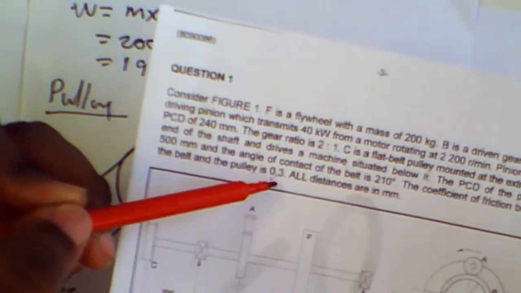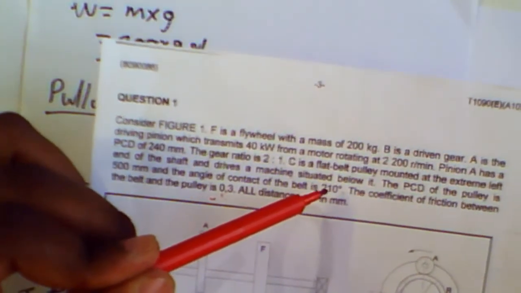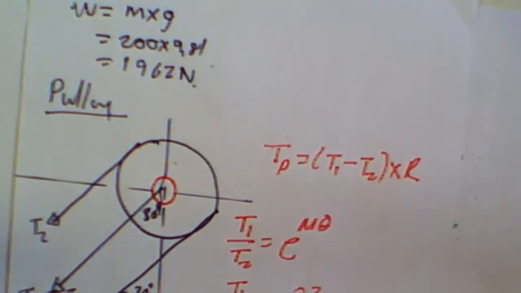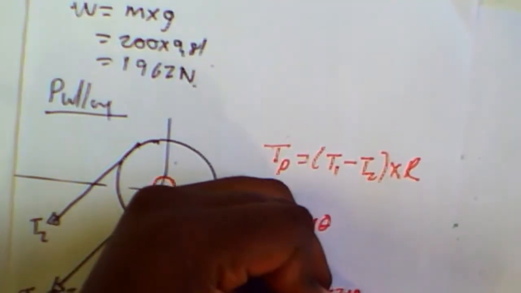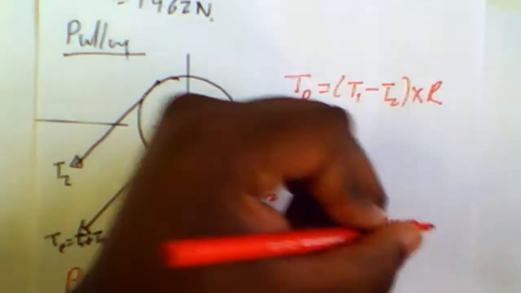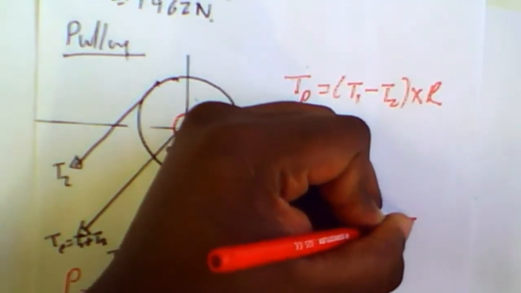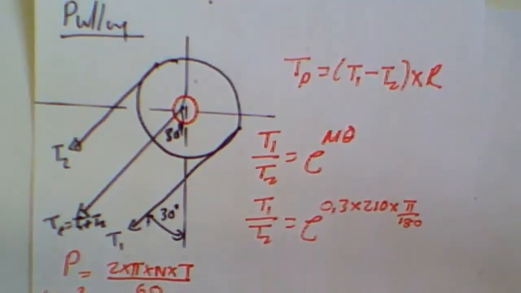The angle of contact I was given as 210, but this angle of contact would need to be in radians. So we have to multiply that by pi over 180 to convert it to radians.